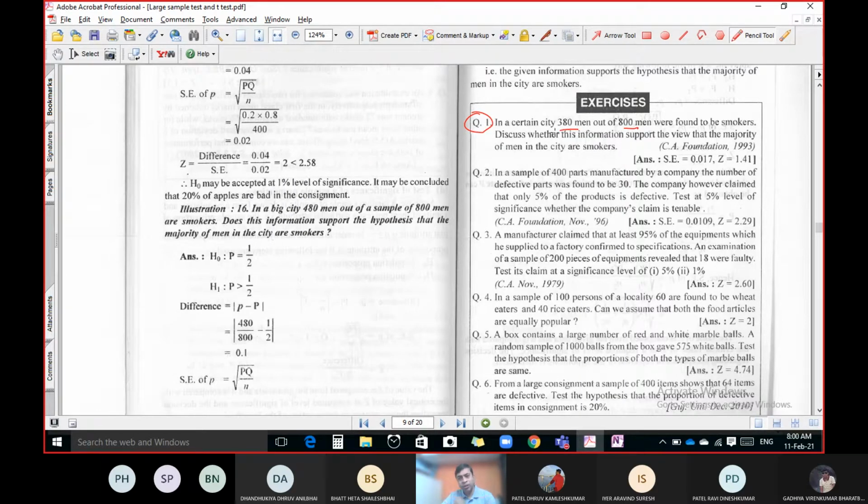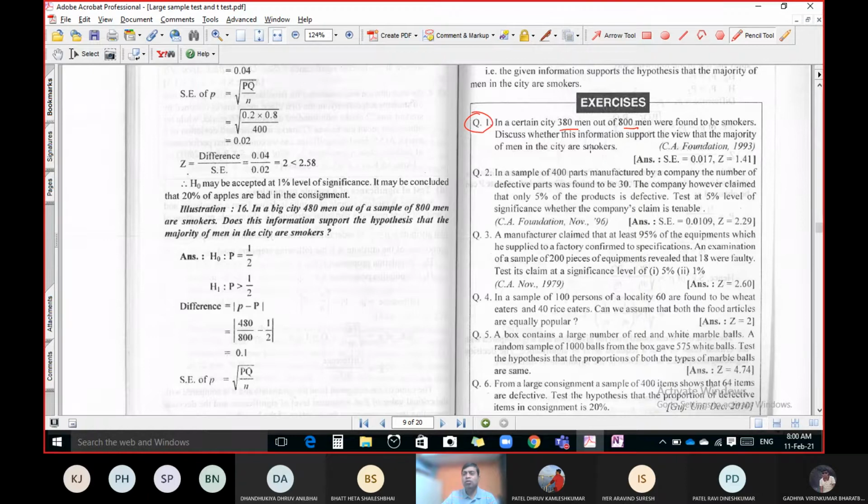So here what information we have: out of 800 men we found that 380 have the habit of smoking. Discuss whether this information supports the view that the majority of the men in the city are smokers.